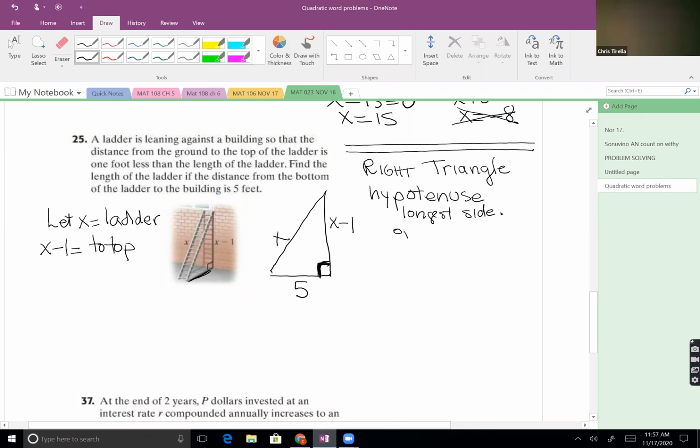It's opposite the right angle. And so in this problem, the ladder is the hypotenuse. The other two sides are called legs.